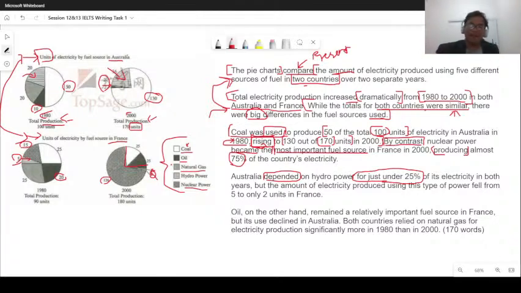In the third paragraph, coal was used to produce 50 of the total, right? Again, this is focusing on the most significant, the highest value, the highest number, right? For both Australia and France, right? And yes, the person did write by contrast, so a contrasting, but nonetheless, this person still focused on the largest value, basically the fuel that is produced the most for both countries.